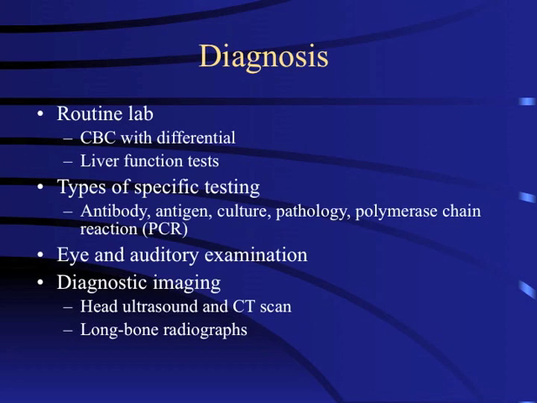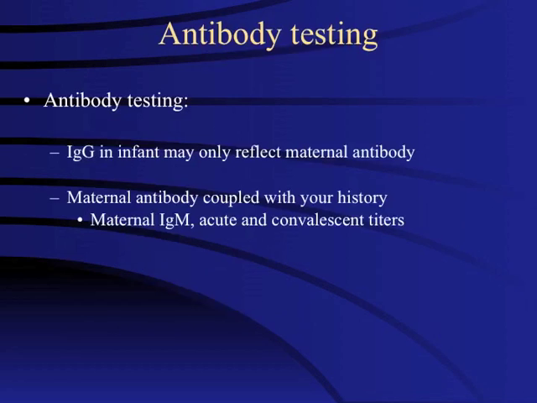A good eye and hearing exam are also very important as part of the workup of a congenital infection. And in terms of diagnostic imaging, head ultrasounds, CT scan and MRI can also be very helpful. Long bone X-rays can be helpful, especially with babies that have syphilis, although it's very unusual to see any findings.